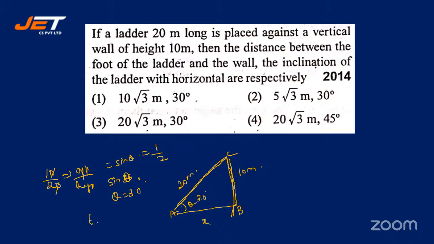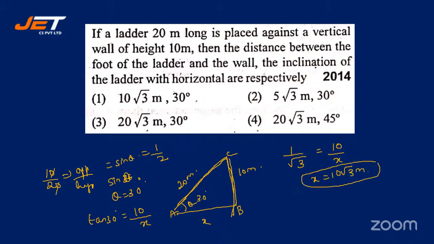So when you take tan 30, it is opposite side by adjacent side, isn't it? So what is tan 30? Tan 30 is nothing but 1 by root 3, which is 10 by x. So x is equal to 10 into root 3 meters. So 10 into root 3 meters means it is option 1.